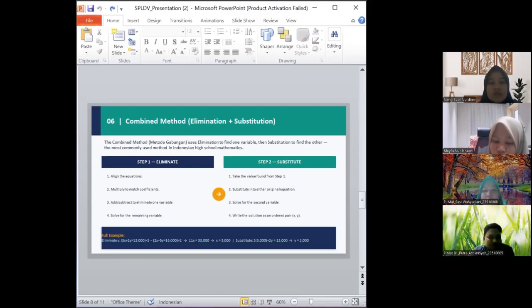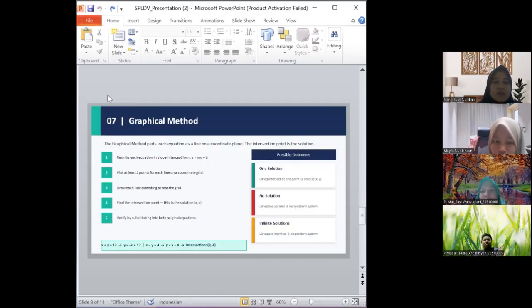Now, let's quickly look at the graphical method before practice time. The graphical method means we draw both equations as lines on a coordinate plane and find where they intersect.